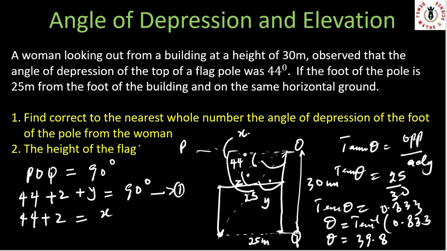Let's label this O, I'll call this S and I'll call this T. We can use the triangle OST to calculate the length of OS. Then OS plus SQ will be equal to 30. From there, we can find the height of the flag, which is SQ.